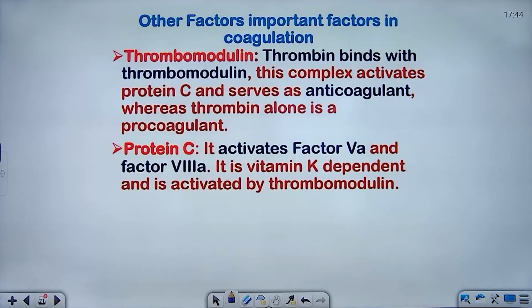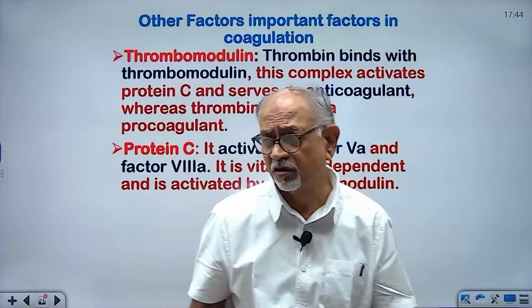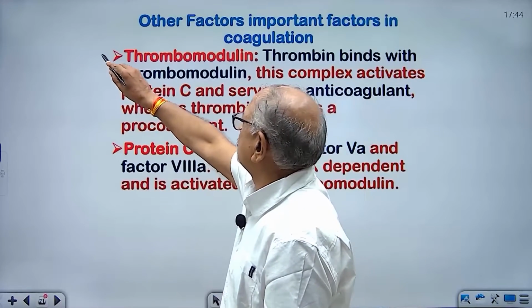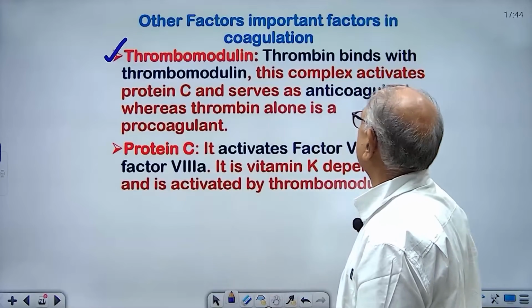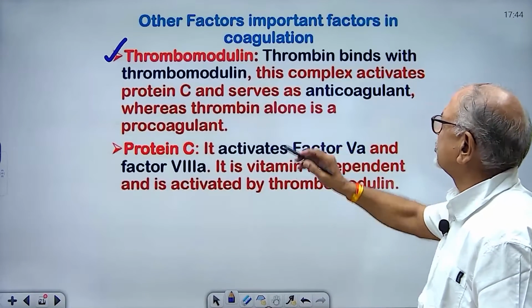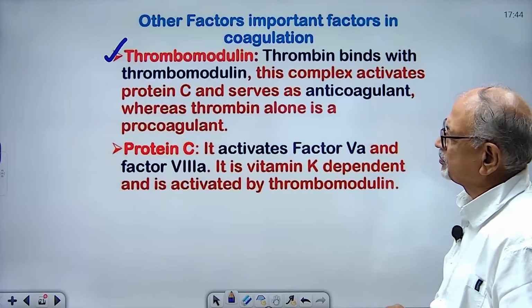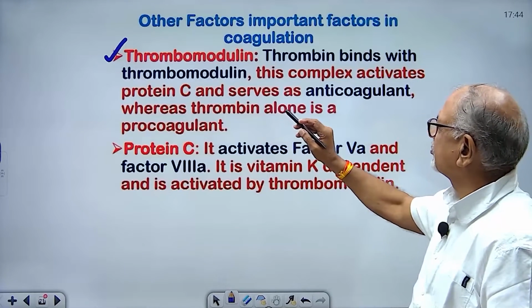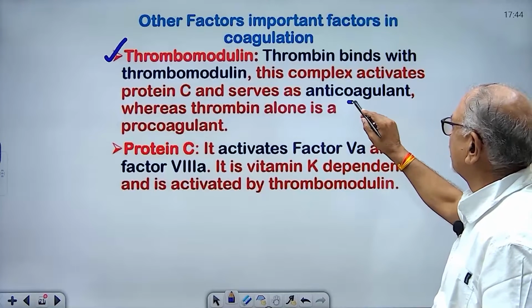Similarly, some other factors include thrombomodulin. Thrombin binds with thrombomodulin. This complex activates protein C and serves as an anticoagulant.